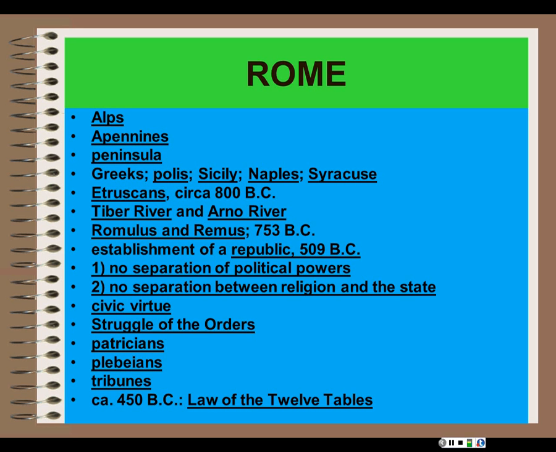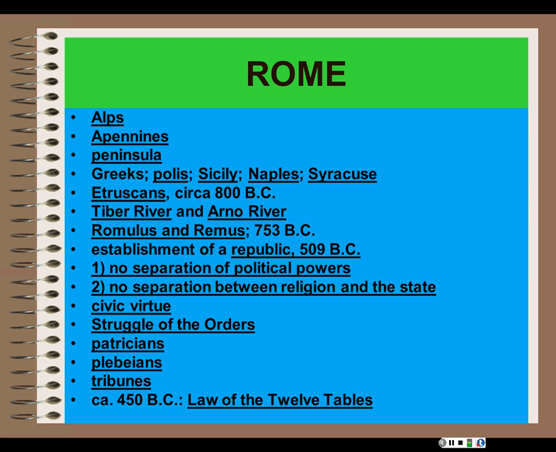But Rome did feel that for this republic to function and to be successful, its citizens, Roman citizens, obviously not slaves, but Roman citizens, would need to practice civic virtue.